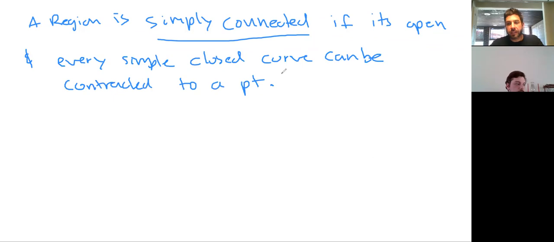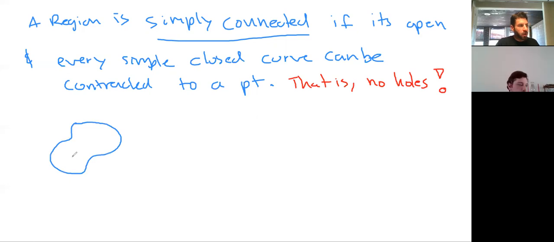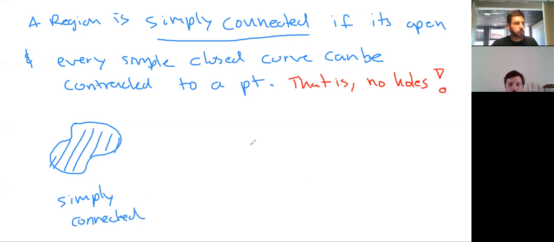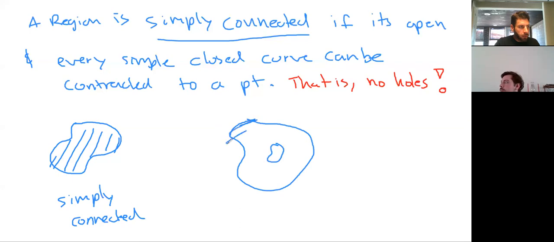So this is a very fancy way of saying it has no holes. So if we draw those examples we had before, this is a stronger type of connected. This guy right here is simply connected, no holes. This guy is not.